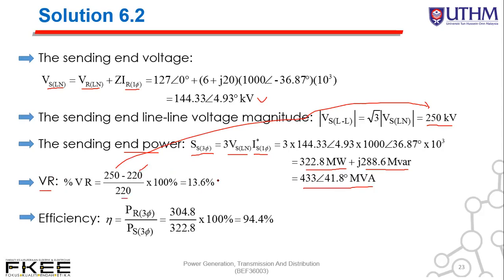So we got 13.6%. For efficiency, the receiving end efficiency is 304.8 divided by 322.8. So we got 94.4%, which is slightly less efficient than the previous example.